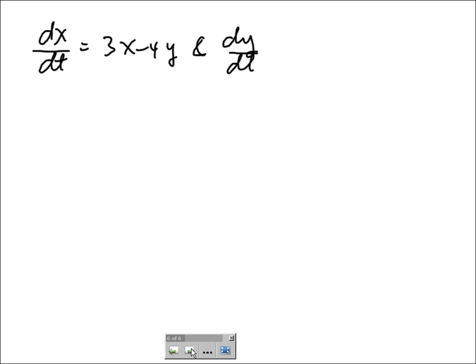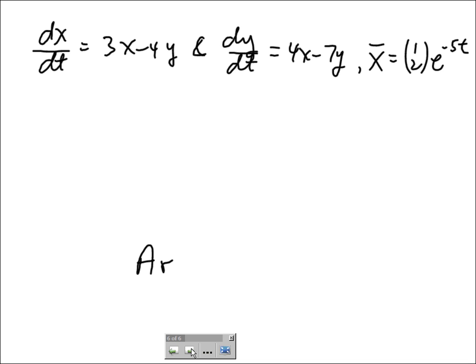Okay. Now we're going to verify that something is a solution. I claim that if dx dt is 3x minus 4y and dy dt is 4x minus 7y, then x bar should be the matrix 1, 2 times e to the negative 5t. Now remember that if you have a matrix times the scalar, that's the same as the scalar times the matrix.